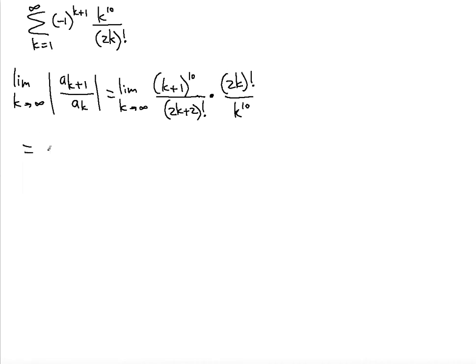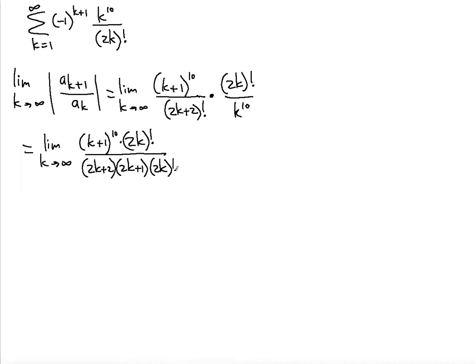Okay, so let's see what's going on. There's lots of things that we need to simplify and cancel out. Let's see what we get. So let's keep k plus 1 to the 10th power. Let's keep 2k factorial in there, and then 2k plus 2 factorial can be interpreted as 2k plus 2 multiplied by 2k plus 1 multiplied by 2k factorial.